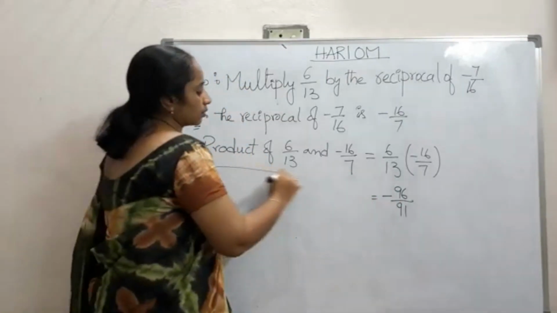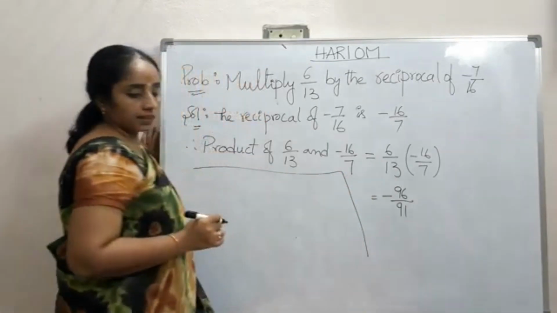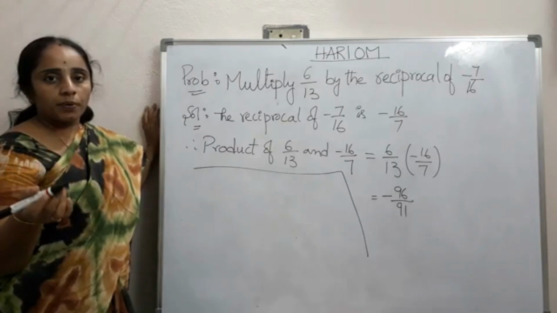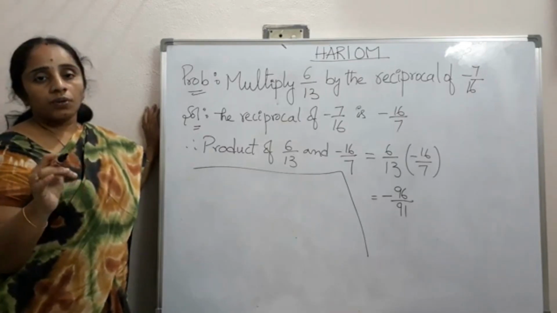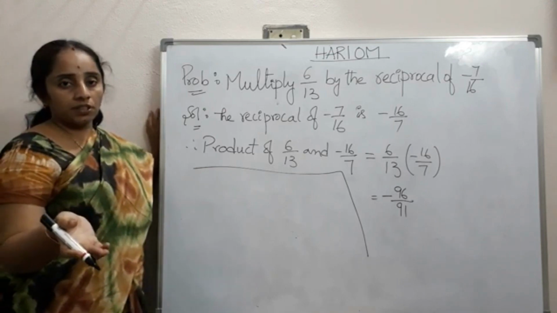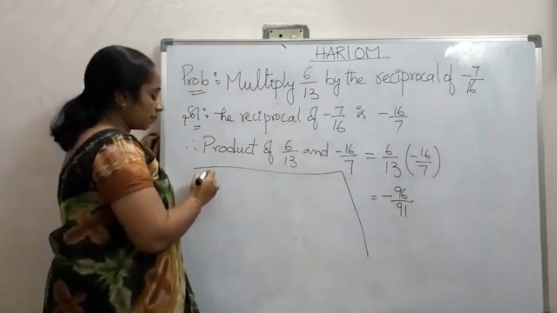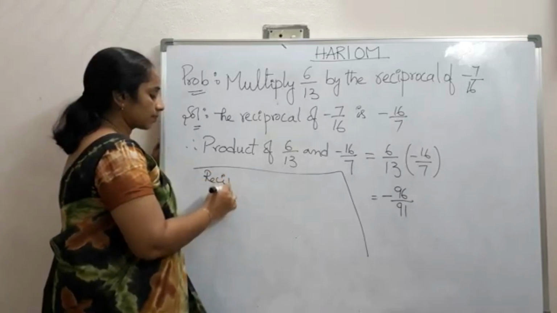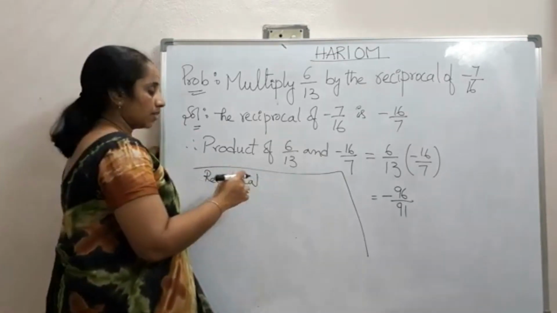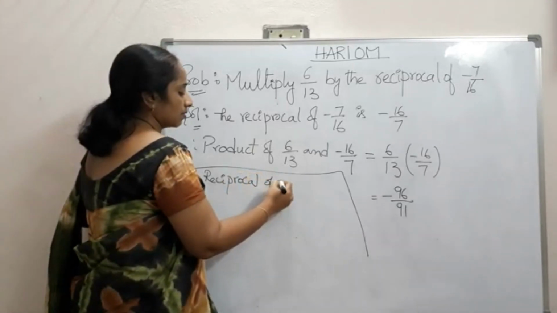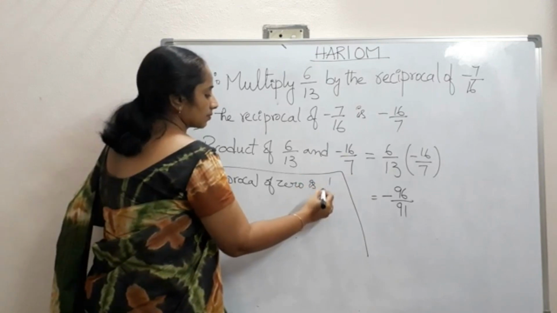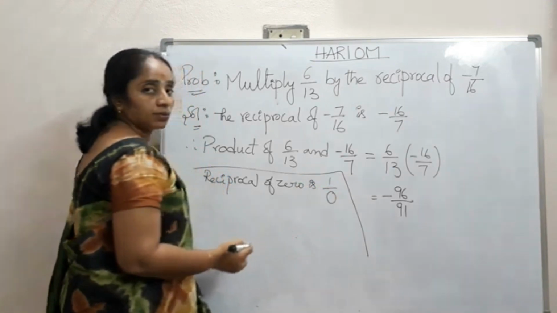And here is one question: the reciprocal of 0. What is the reciprocal of 0? As I already discussed with you, the multiplicative inverse of 0 is 1 by 0.